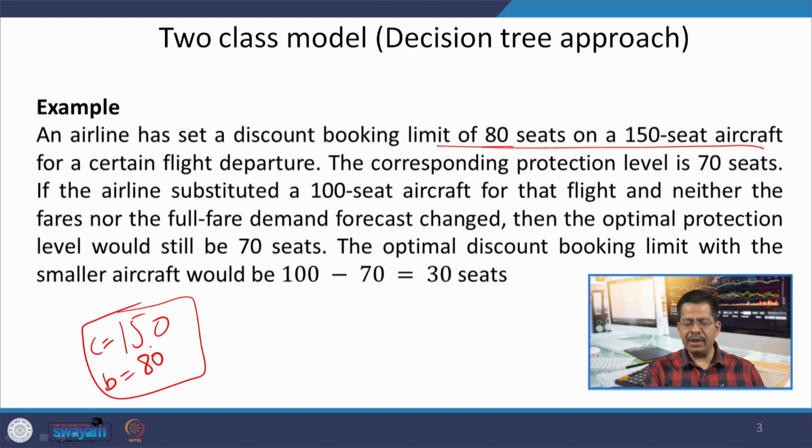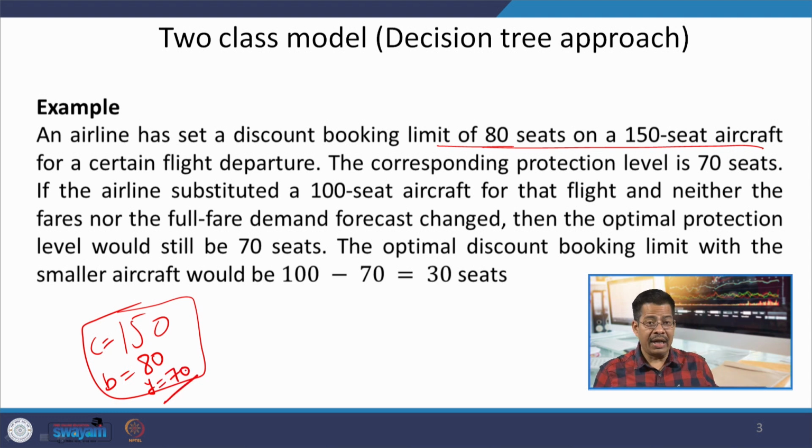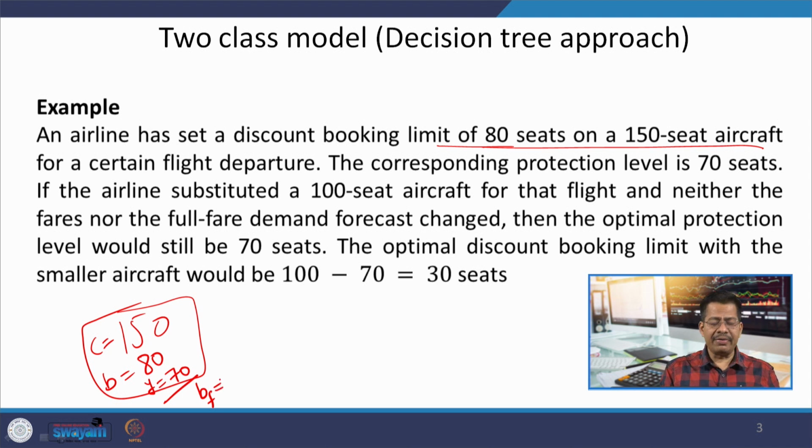You can easily understand that the protection level Y is 70 that you are keeping, and as you remember, BF, the booking limit for full fare in this case, will be 150. So, here the protection level for the full fare class is 70.